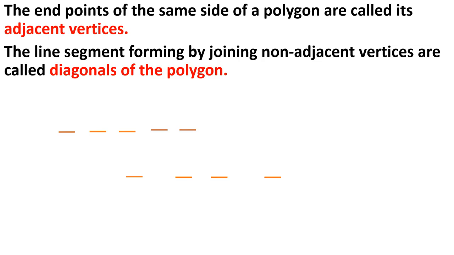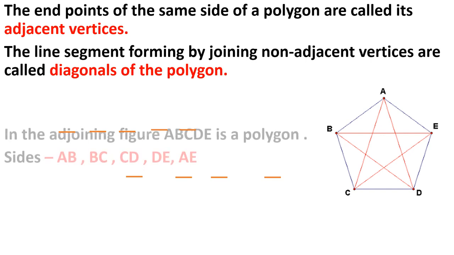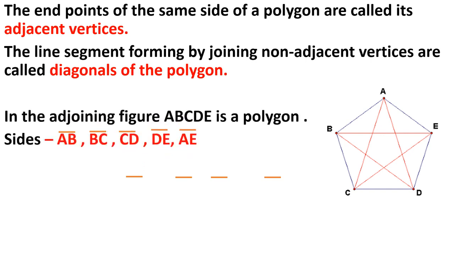Adjacent means साथ वाली, exactly साथ वाली. So when we are making a polygon, see the two sides of a polygon with a common end point, whose end point is common, that are called the adjacent sides. There are two types of sides, adjacent sides and opposite sides.